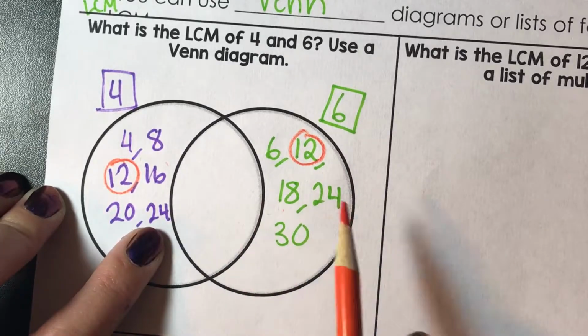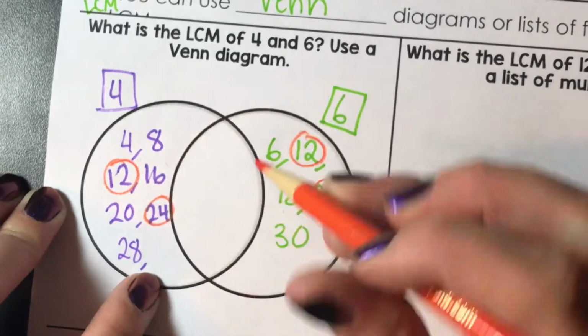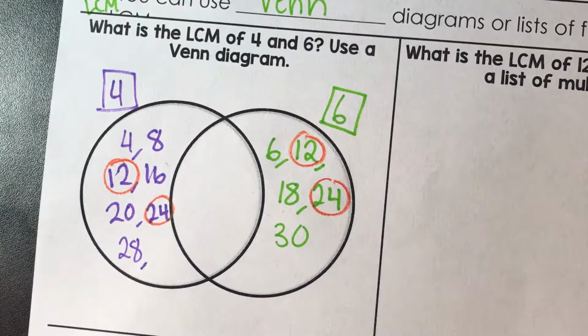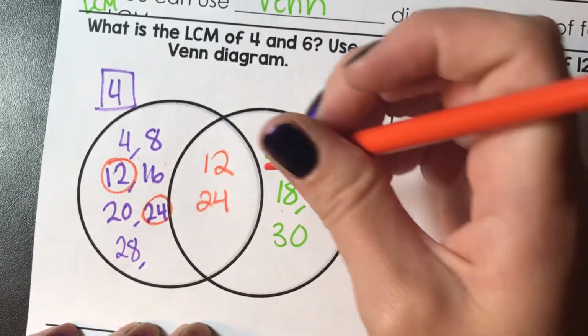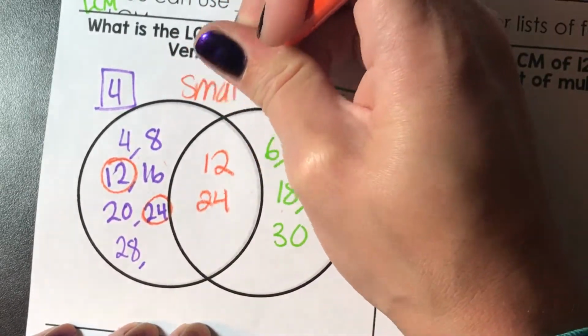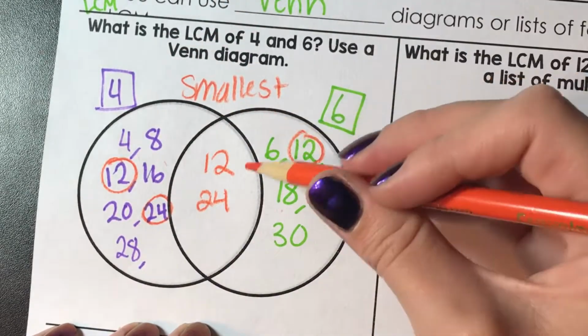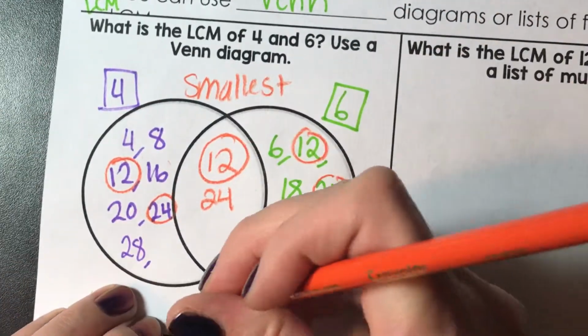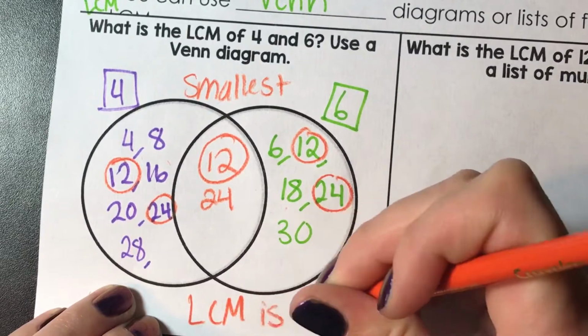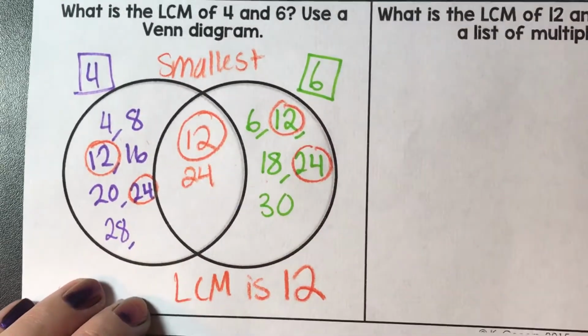No. 24? Yes, those are common. And that's all I have for now. So then, when asking, the common ones were 12 and 24. If I want the smallest between these two numbers that are common, that are shared, that overlap, the LCM is 12.